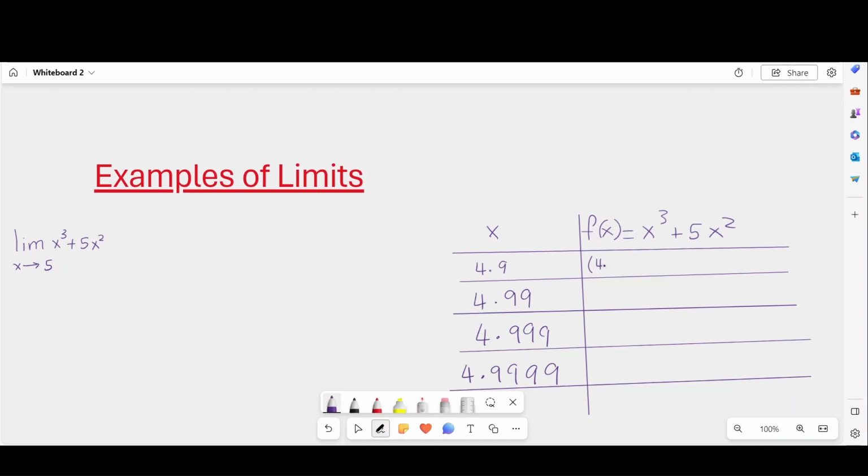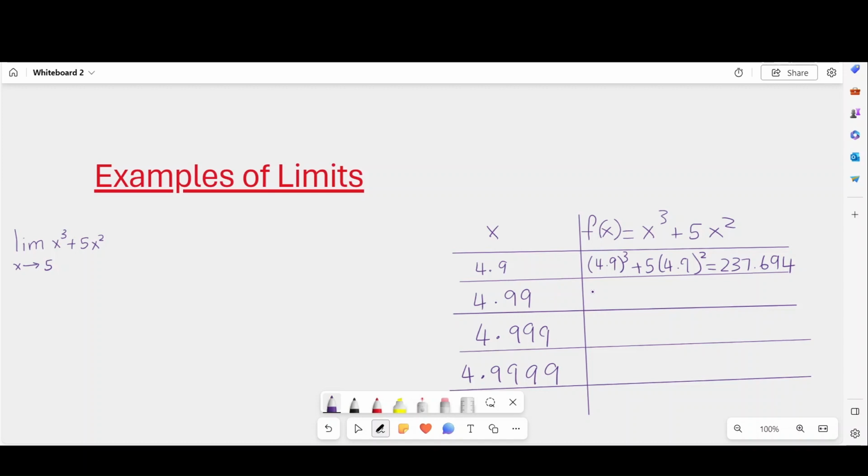4.9 cubed plus 5, open parentheses, 4.9 close parentheses squared equals 237.694. You can confirm the other values, but I've worked it out already.